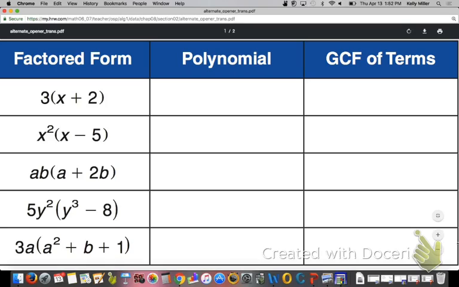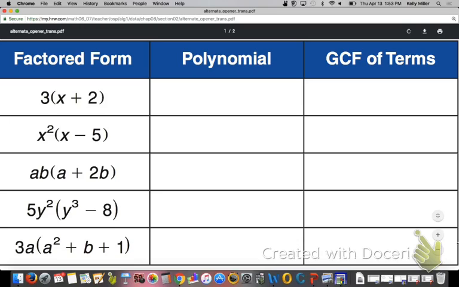Before we do notes, I just want to do a quick chart here. Don't put this in your notes, just watch. It's not going to take very long. Do we remember how to distribute, using the good old distributive property? 3 times x is 3x. 3 times 2 gets us to 6, right?